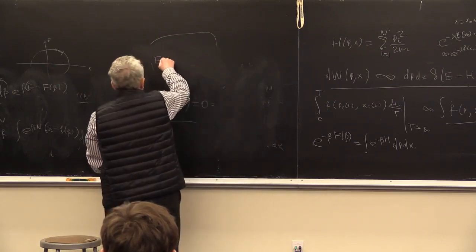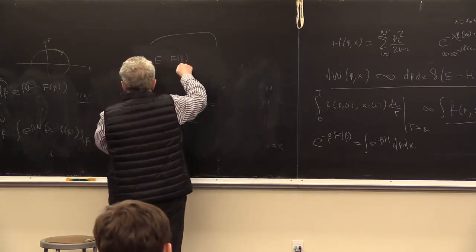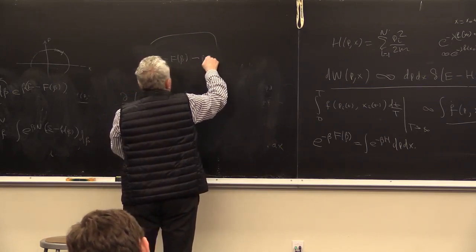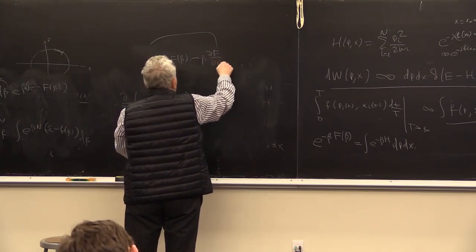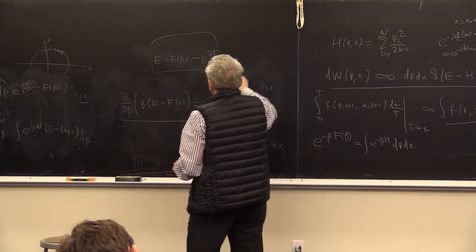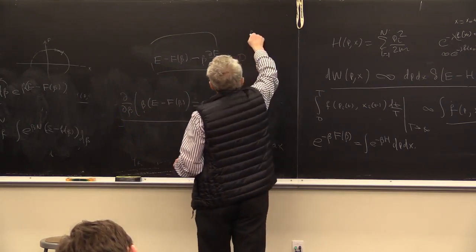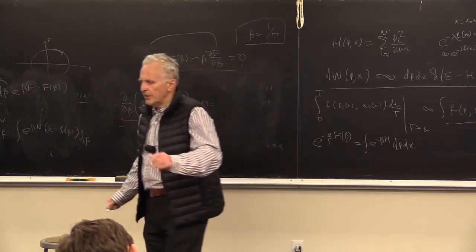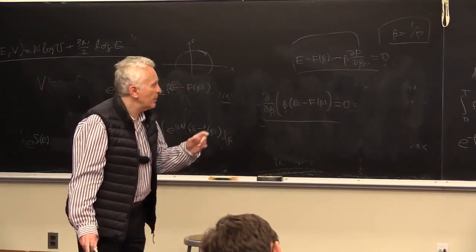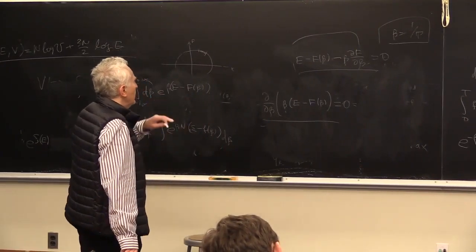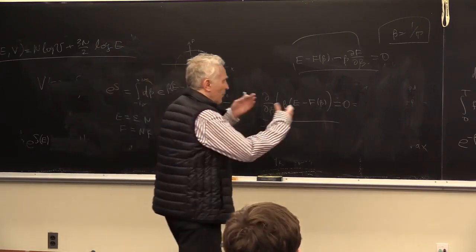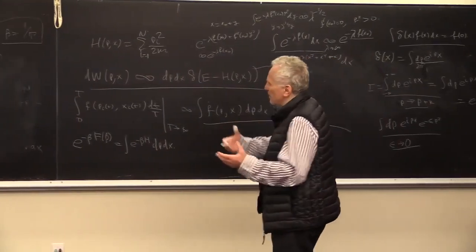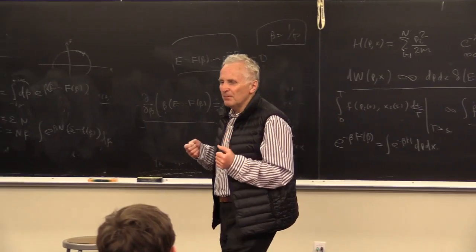We have e minus f, and we differentiate it, plus minus beta df d beta must be 0, and beta is the inverse temperature. It's a very common notation to denote the inverse temperature by the letter beta. It's more convenient in many cases, although temperature is more intuitive. It would be clumsier to discuss weather in terms of beta.